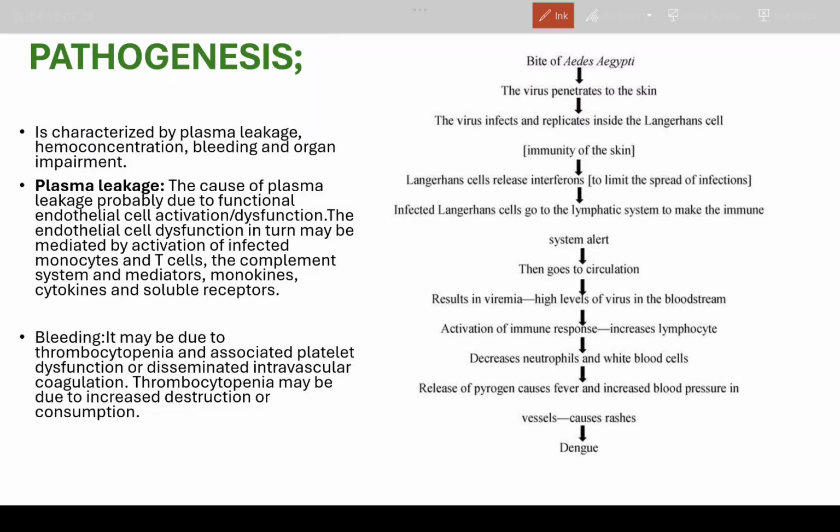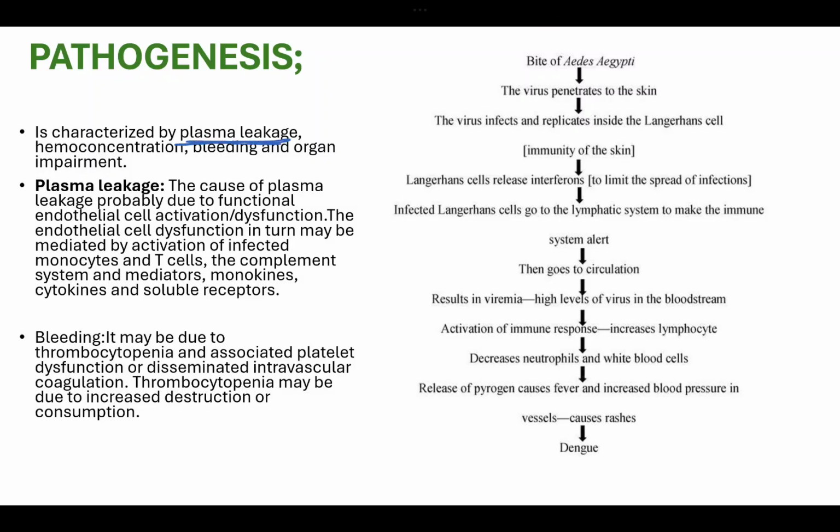So we'll see that it is causing the plasma leakage. You know that this dengue virus is causing a break in the epithelial lining. The break in the epithelial cells will lead to plasma leaking out from the blood vessels into the interstitium.